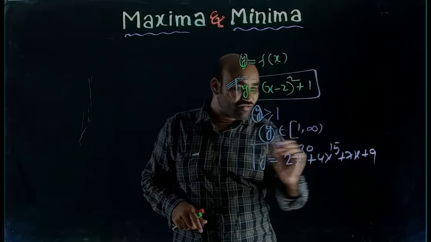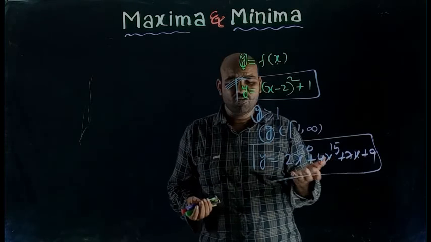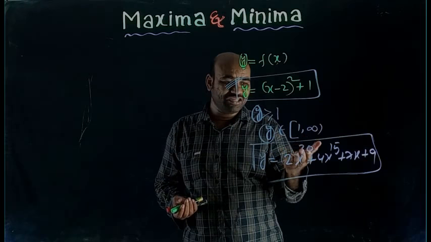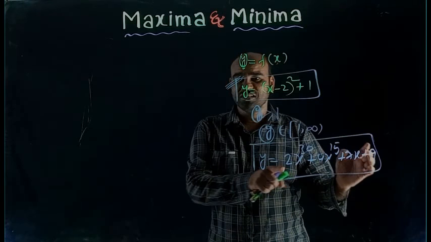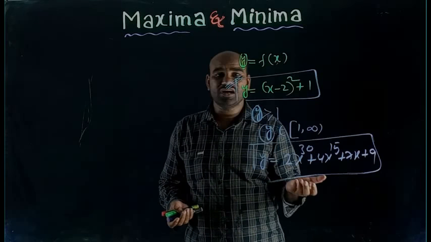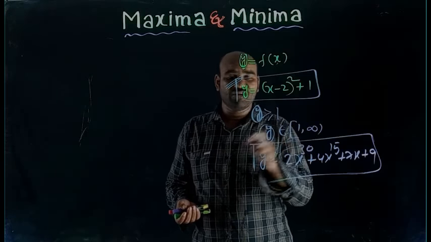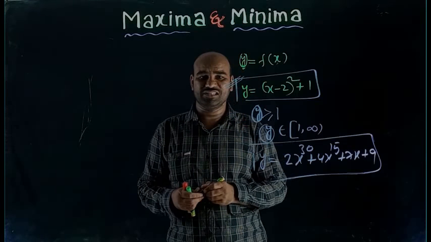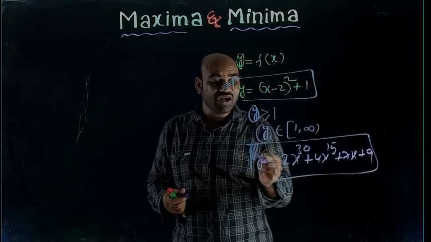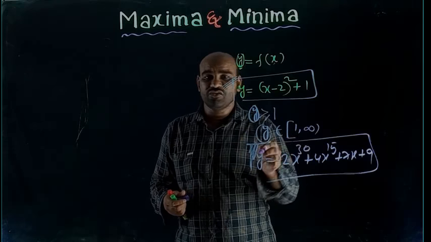But observing this function, you can't directly conclude what the minimum value of y and the maximum value of y are, because the right-hand side is a 30th degree polynomial. Directly you can't conclude at what values of x y becomes minimum or maximum. By using the differentiation concept, we can find at what values of x y becomes maximum and at what values of x y becomes minimum.